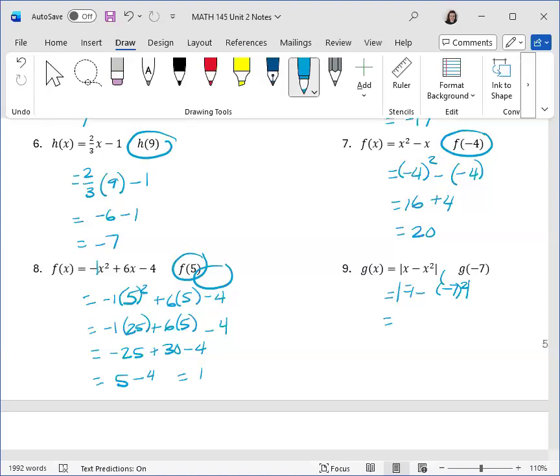We're going to simplify that exponent first. So -7 squared would be positive 49. -7 times -7 is positive 49. I'm going to pull everything else down. So we would have -7 minus positive 49, and that's still inside absolute value at this point.